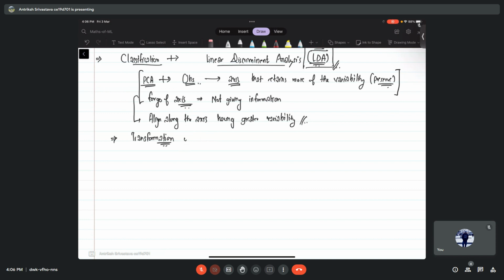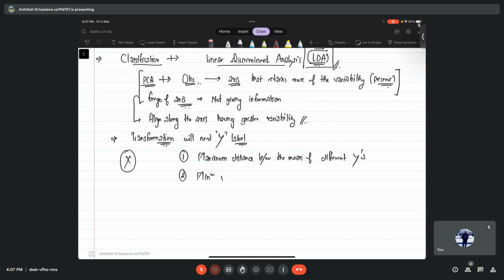We are going to transform the observation data, that is x, in such a way that we have maximum distance between the means of different y's, and we have minimum variability, often referred to here as variance, within each group.